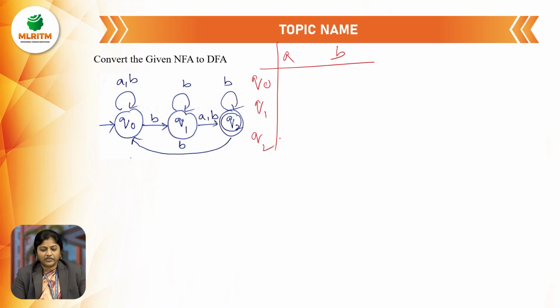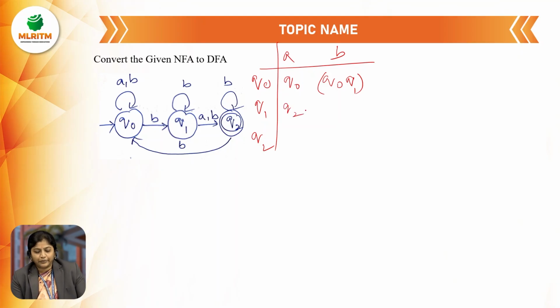Q0 on A, where is it going? Q0 only. Next, Q0 on B goes to Q0, Q1. Next, Q1 on A, nowhere. Q1 on A, yes, it is going to Q2.